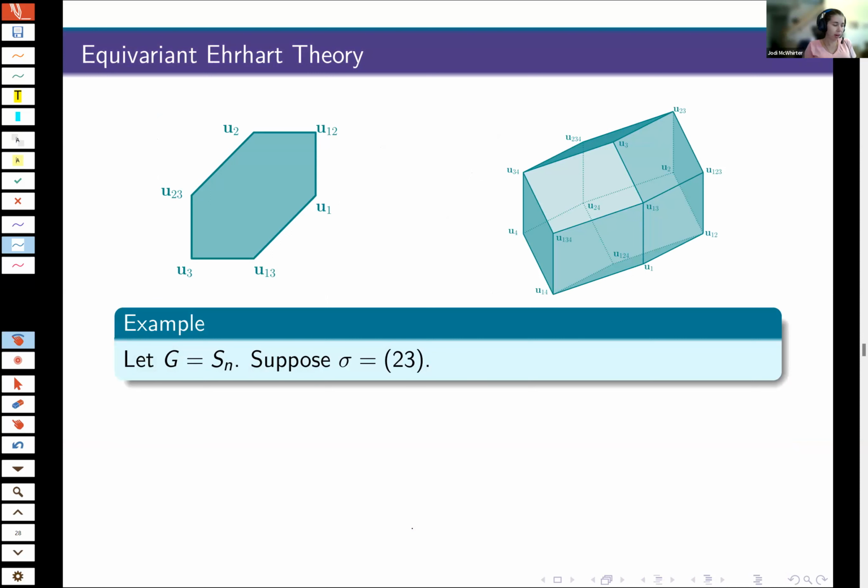The example that I have here is if sigma is equal to the transposition 2, 3. So if I look at the polytope on the left, really what I'm doing is applying this transposition 2, 3, I'm just permuting the indices of my U's. So these U's tell me something about the sets or the co-circuits.